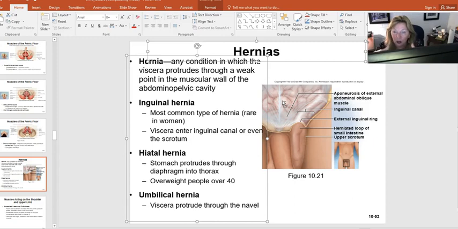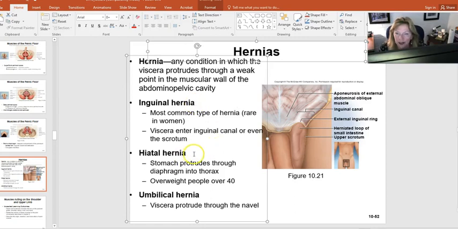They have an inguinal canal. This inguinal canal has very important structures that are supplying nutrients, blood supply and nerve supply to the testicles. So in essence, it's kind of a weakened point, and sometimes the intestines can push through that area, and this is referred to as an inguinal hernia.